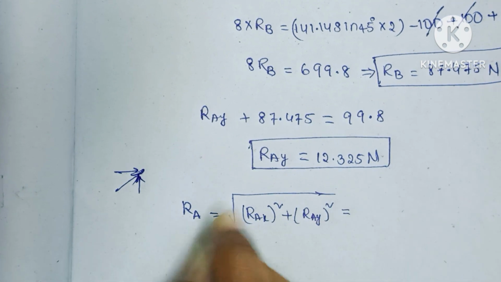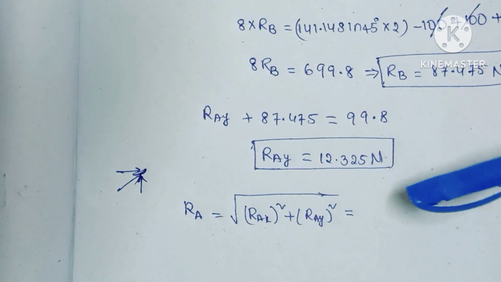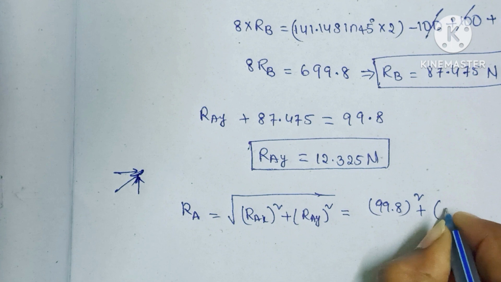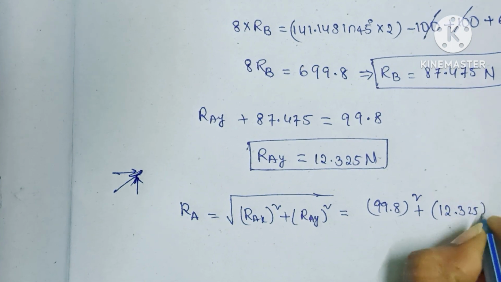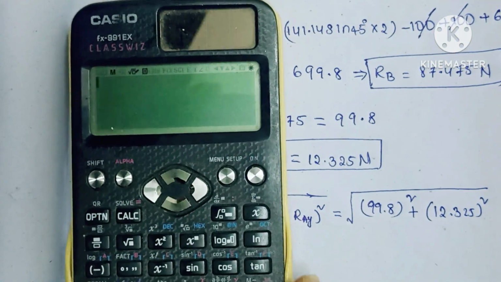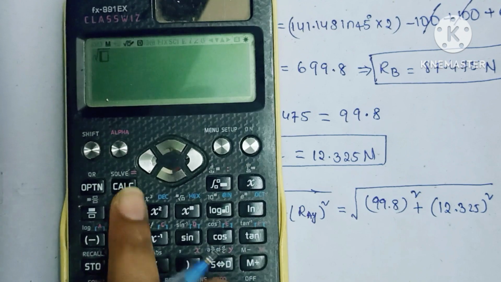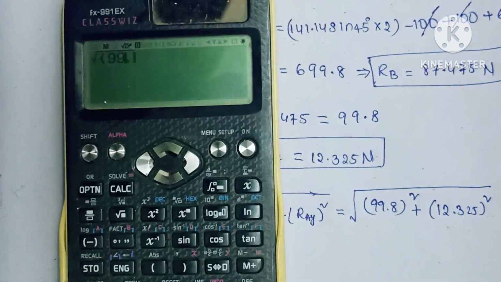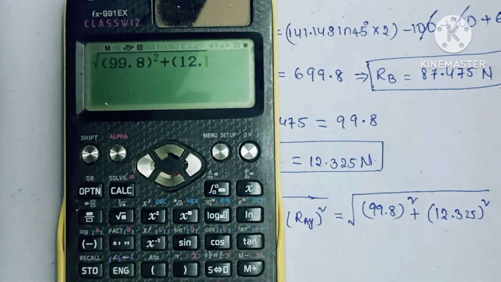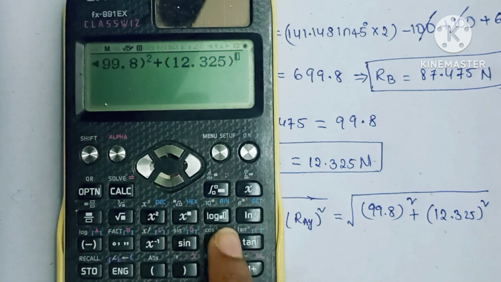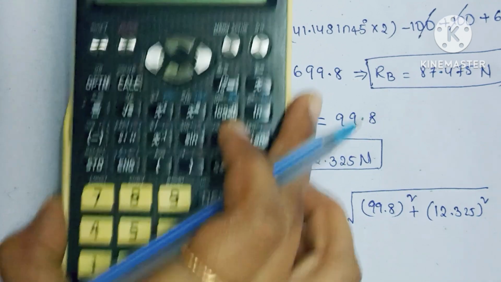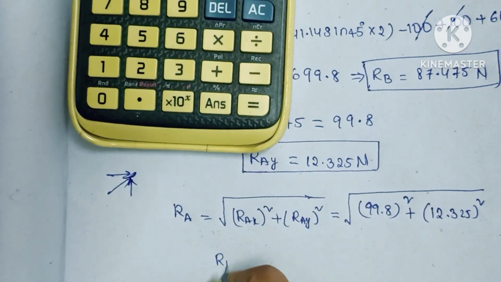We know that RAX is 99.8 whole square plus RAY is 12.325 whole square, all under the root. So we will calculate it here: the root of 99.8 whole square plus 12.325 whole square, which is equal to 100.56 newtons.